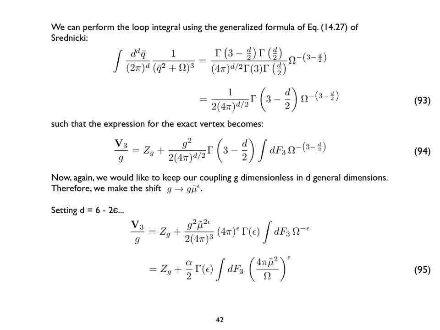The good news is that we've done all the hard work when we did the integral for the self-energy, and usually quantum field theory books reward you by, having done that, giving you the general formula. So there's a general formula for the integral of 1 over q squared plus omega to the n power.